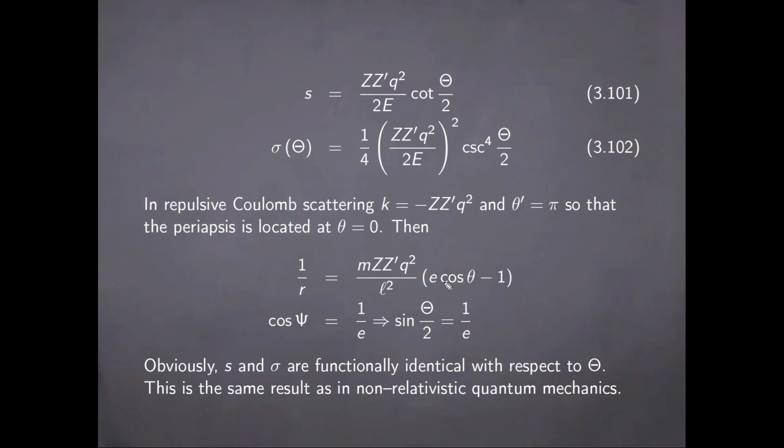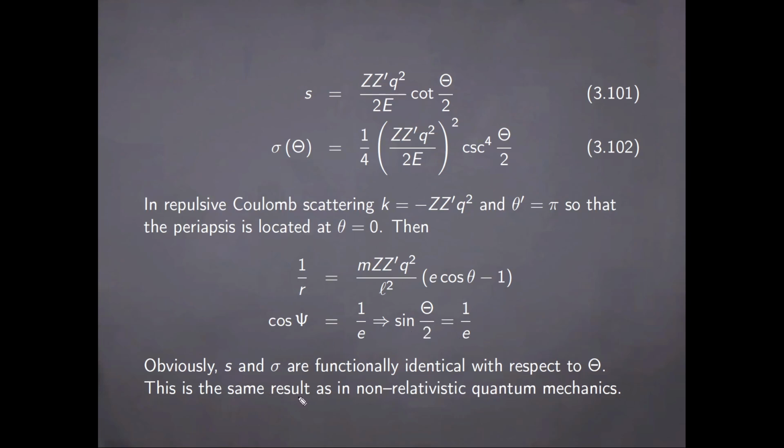So up to a change in sign, it is identical to the previous result, and then the cosine of psi is equal with 1 over e. So the same relation is found between the scattering angle and eccentricity up to the sign. And obviously, both the impact parameter and the differential cross-section will functionally be identical with respect to the scattering angle.